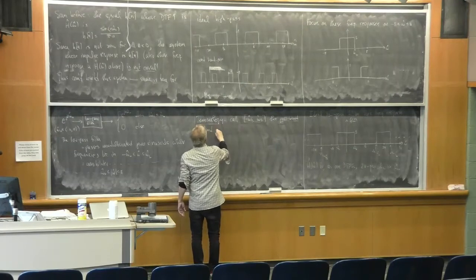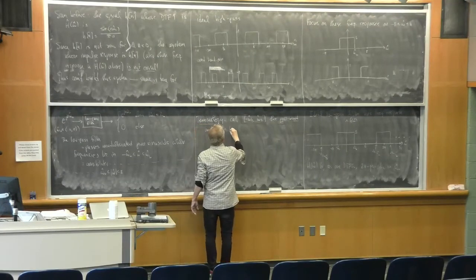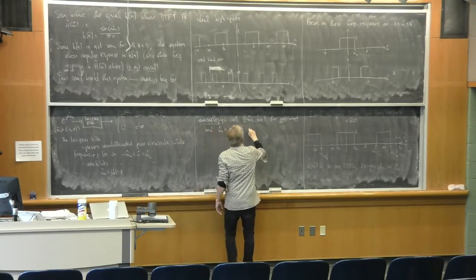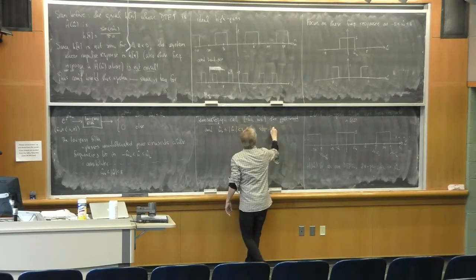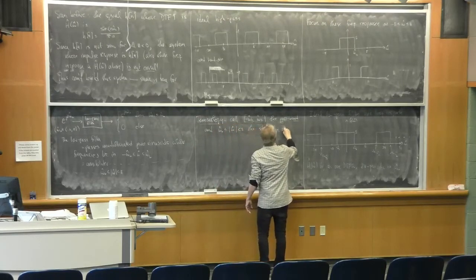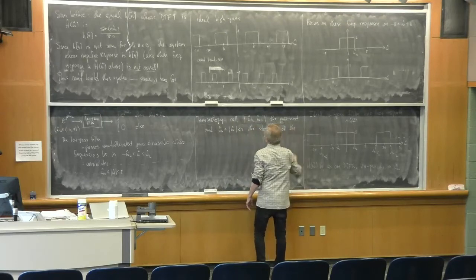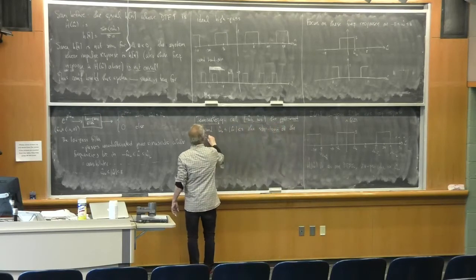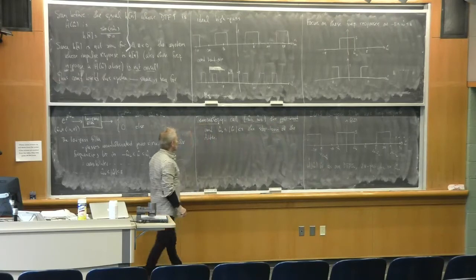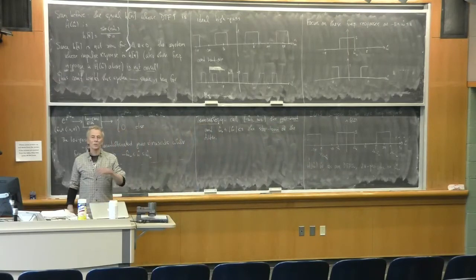And the interval, it's actually a union of intervals, omega hat b up to pi, the stop band of the filter. So the filter passes sinusoids whose frequencies are in the pass band.